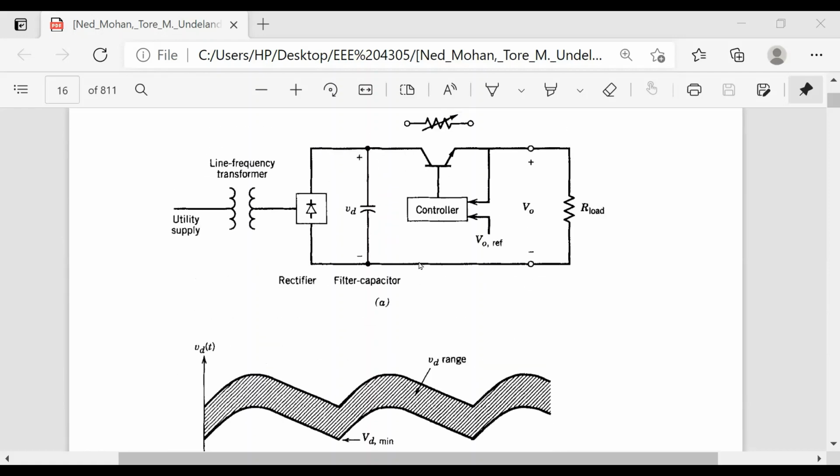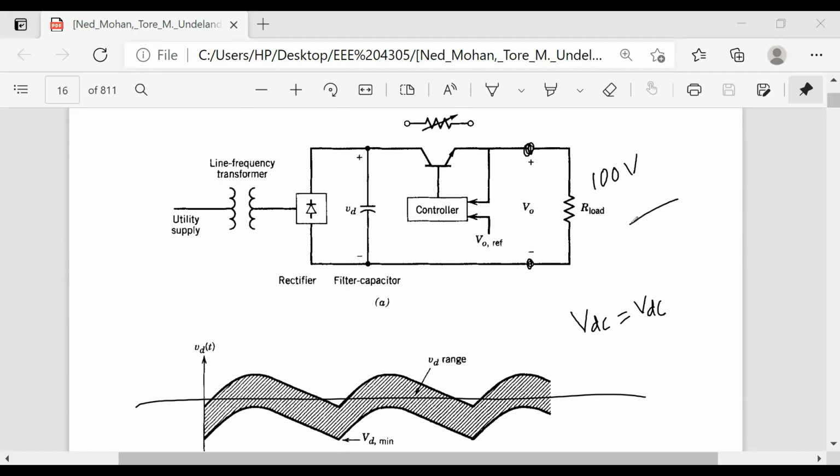Okay, and can anyone tell me, suppose I want a voltage here of 100 volt, from here to here, I want 100 volt. So this VDC, this one, should it be less than, equal to, or greater than 100 volt?